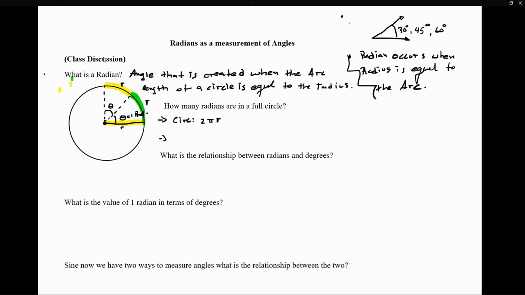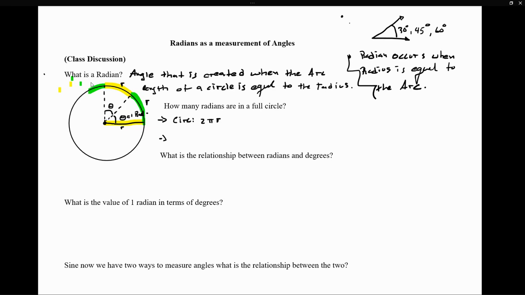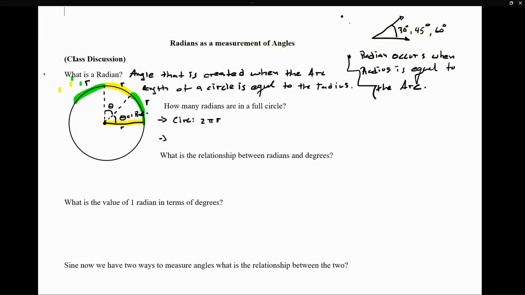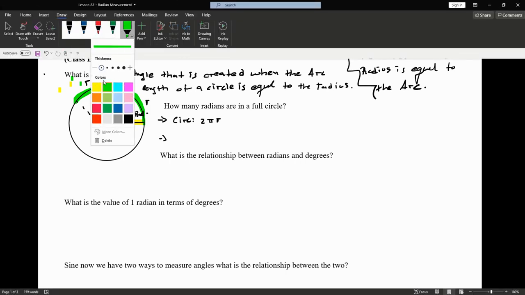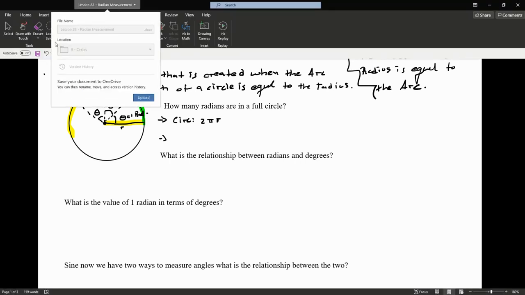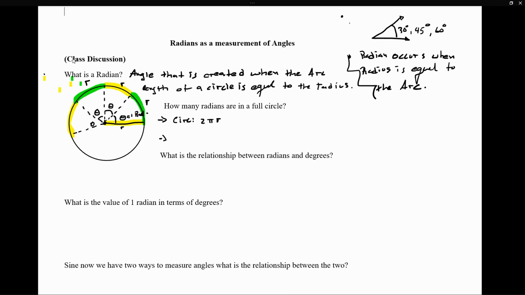So here, notice that we have 2 radii. And if I travel another r, whatever r is in this case, I would have created another radian. And again, if I travel another r, I should have created another radian. But how many of this r can I fit?